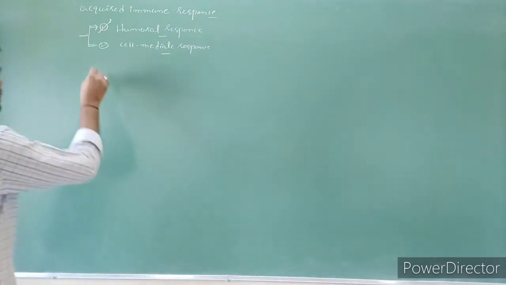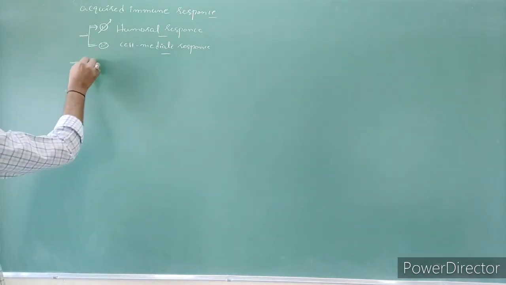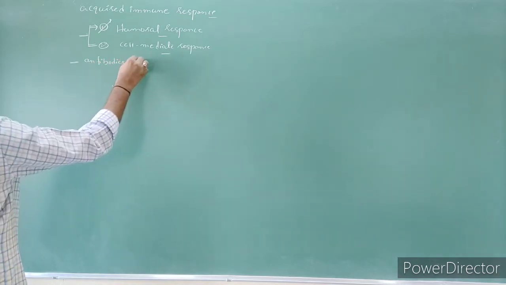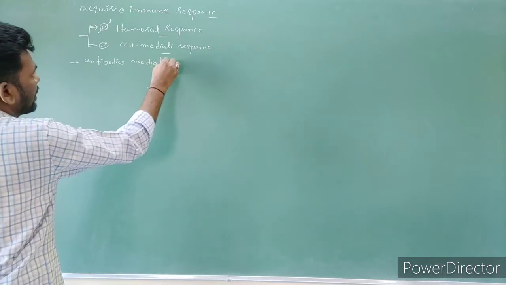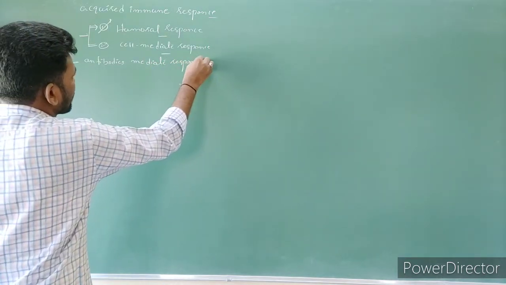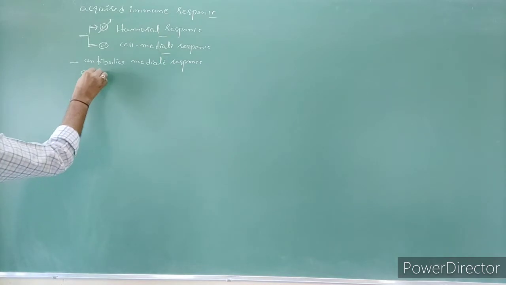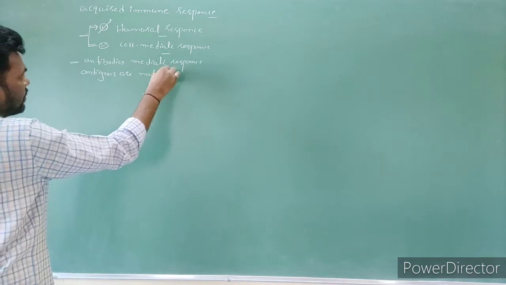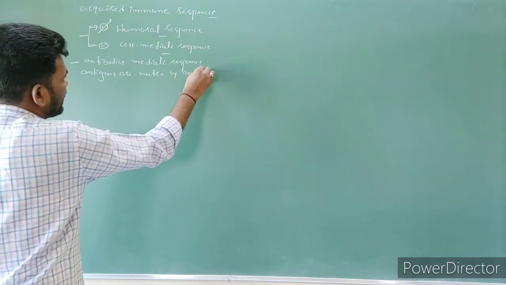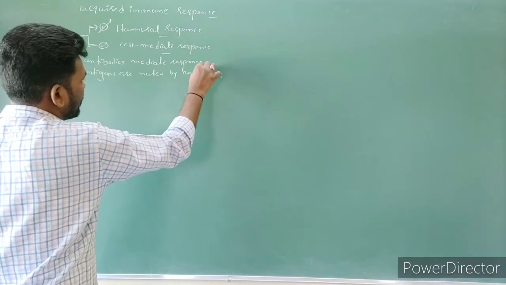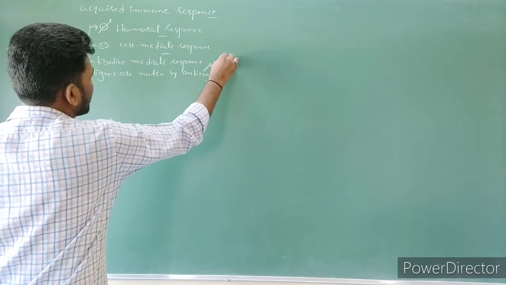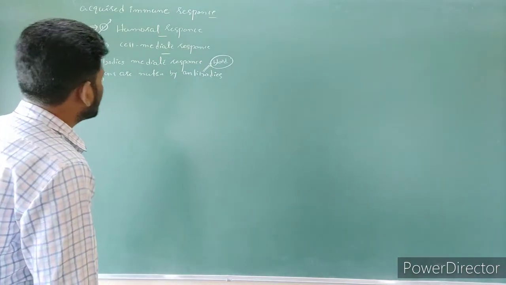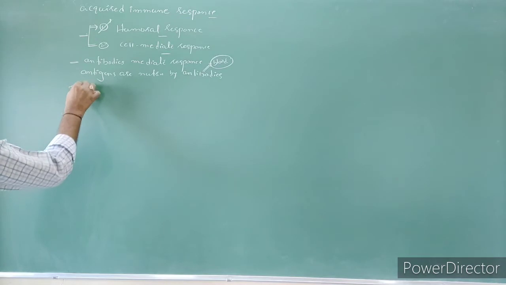Just write one line here: in humoral response, it is an antibody mediated response, right? Such antigens are neutralized by antibodies which are freely present in blood. That is the first type of response.